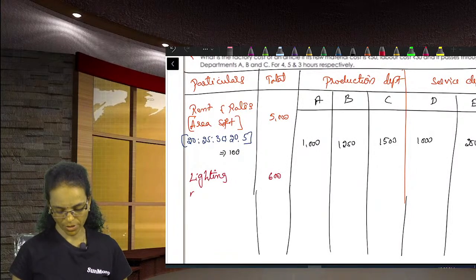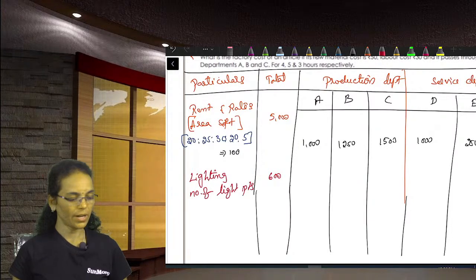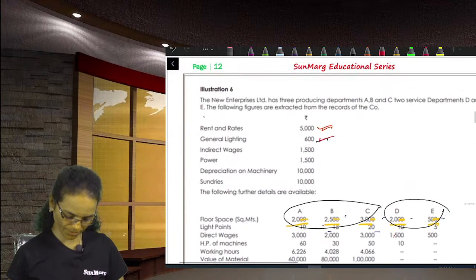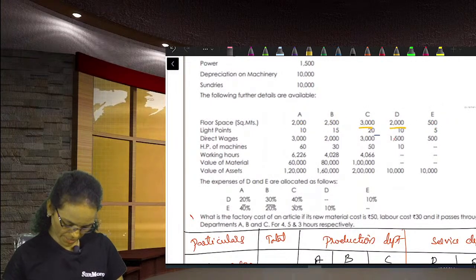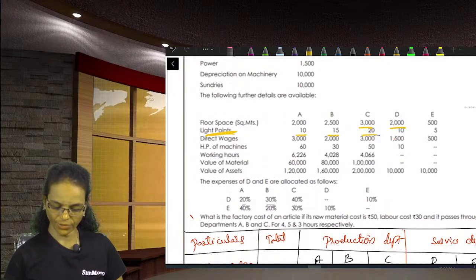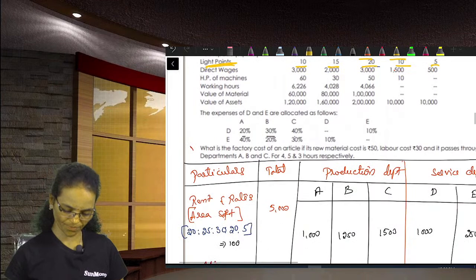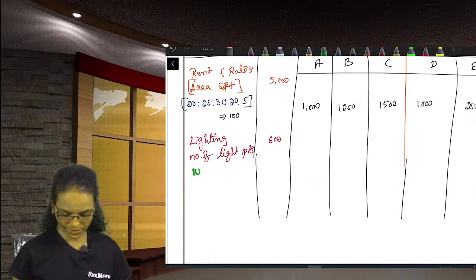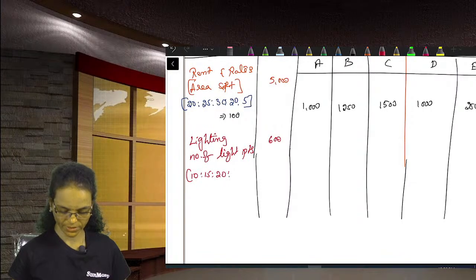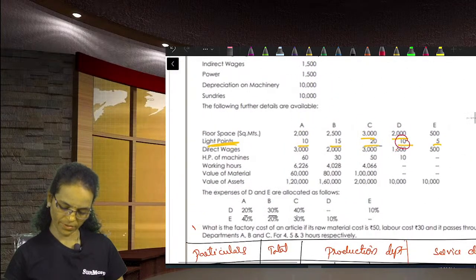Number of light points: 10, 15, 20, 10 and 5.